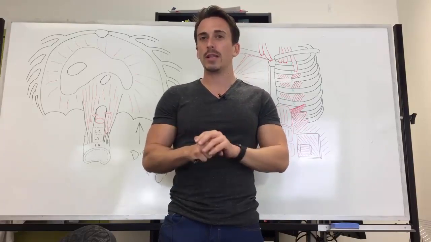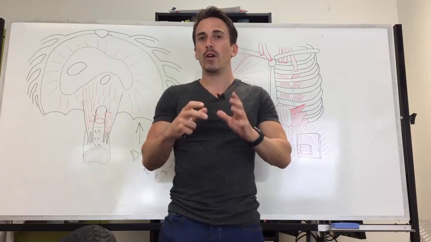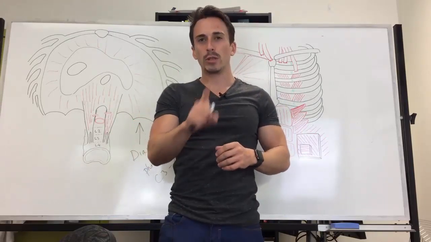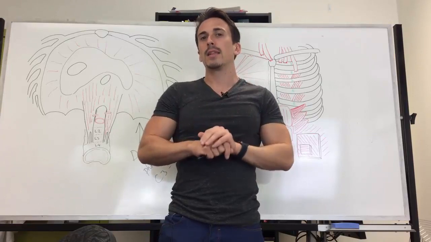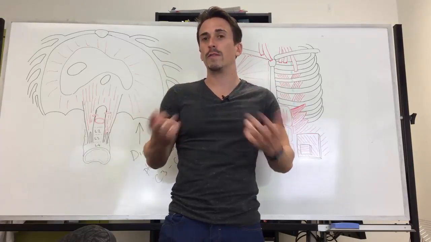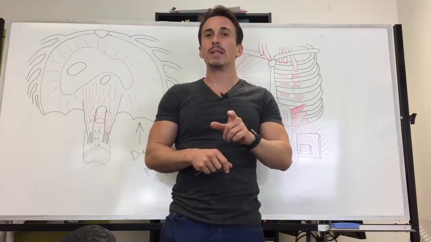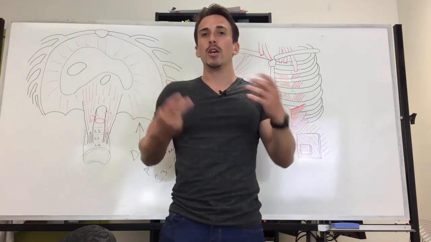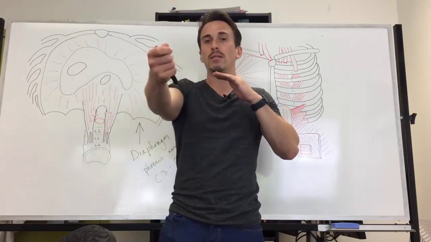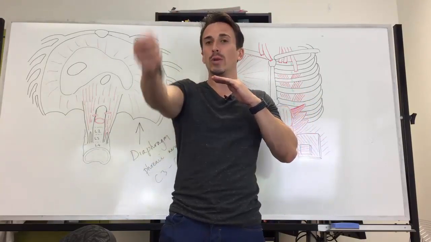Now let's have a look at those muscles involved in getting air out of the lungs. Remember, Boyle's law states that the pressure of a container is inversely proportional to the volume of the container, which means if we need to get air out of the lungs, we need to compress that container to increase the pressure so that air goes from a high pressure to a low pressure.